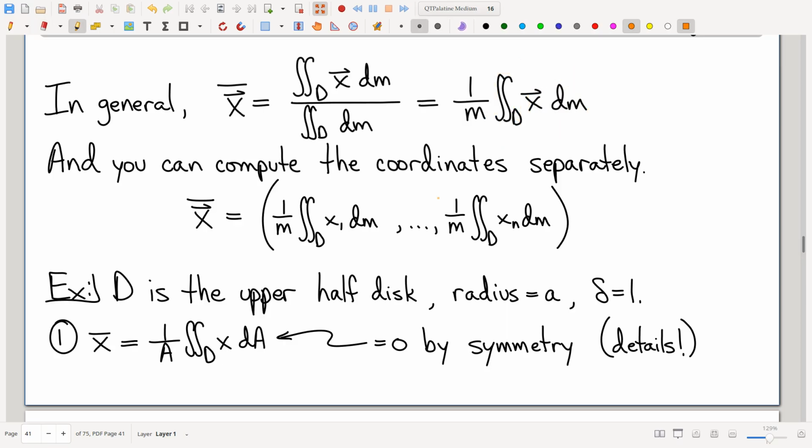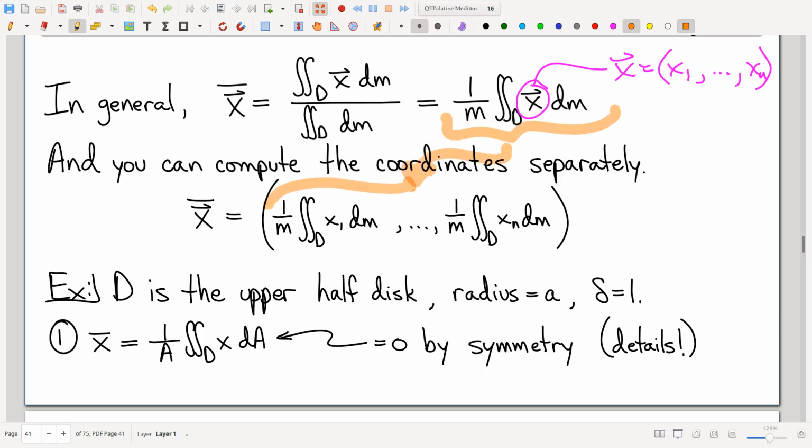So, hopefully not a difficult pitch: if we interpret x, again, as a vector with coordinates x1 through xn, then this integral, you just compute its coordinates, one coordinate at a time.